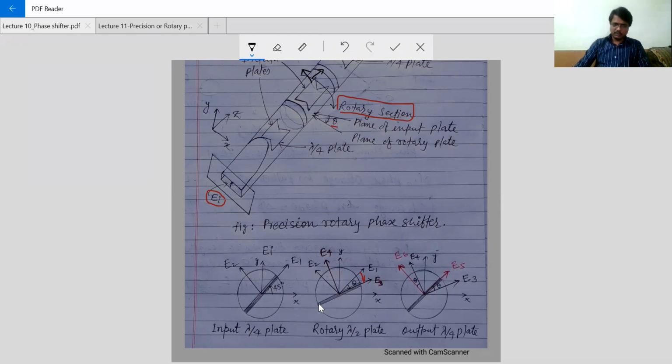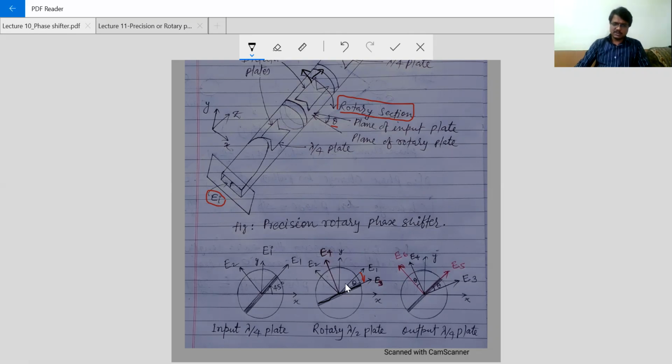So this is the rotary plate, and this is perpendicular to it. This is E4, and this E3. E3 and E4 may be written in terms of E1 and E2 that we have already calculated. What will be the value?